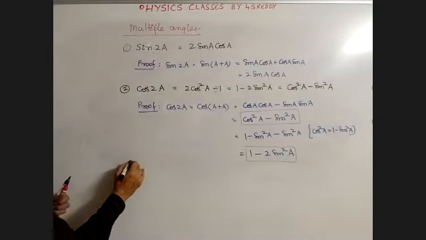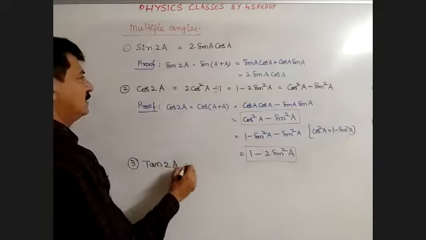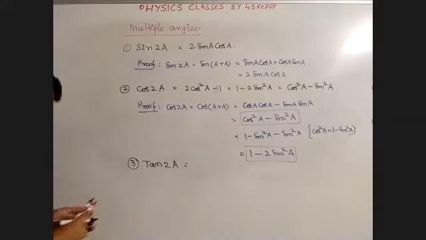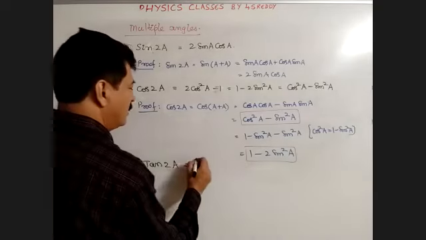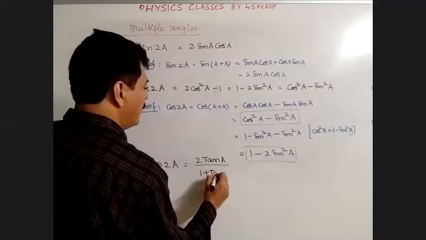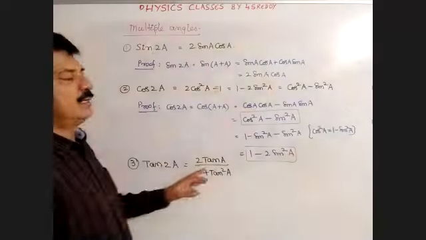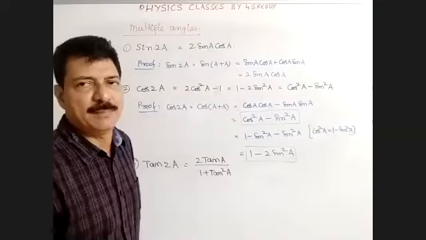And what about the third one? Tan 2A. Can anybody? What is the answer? 2 tan A by 1 minus tan square A. Same thing here.